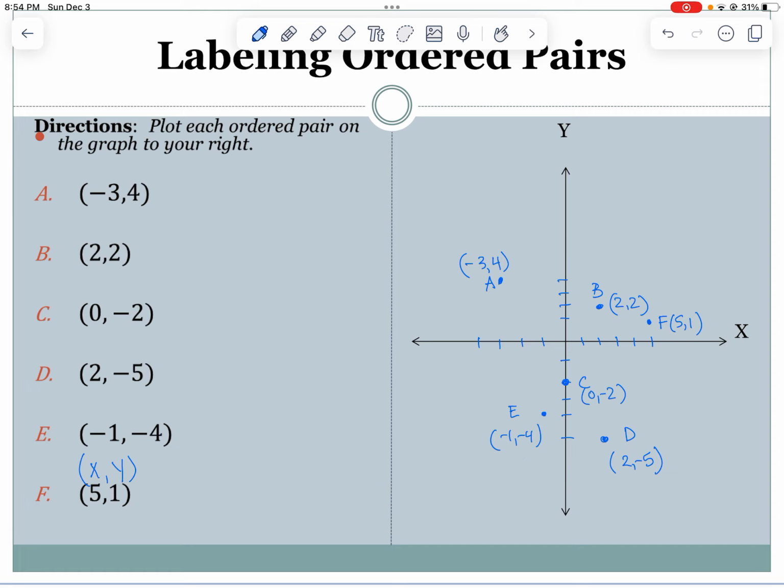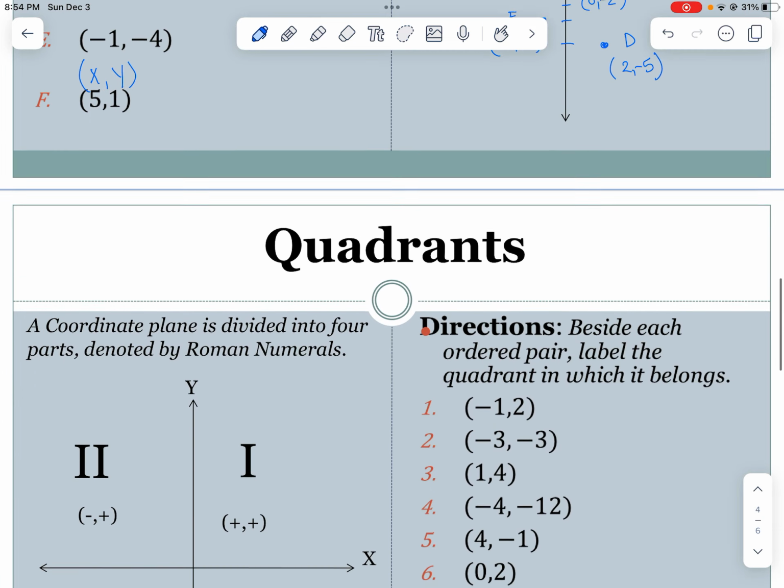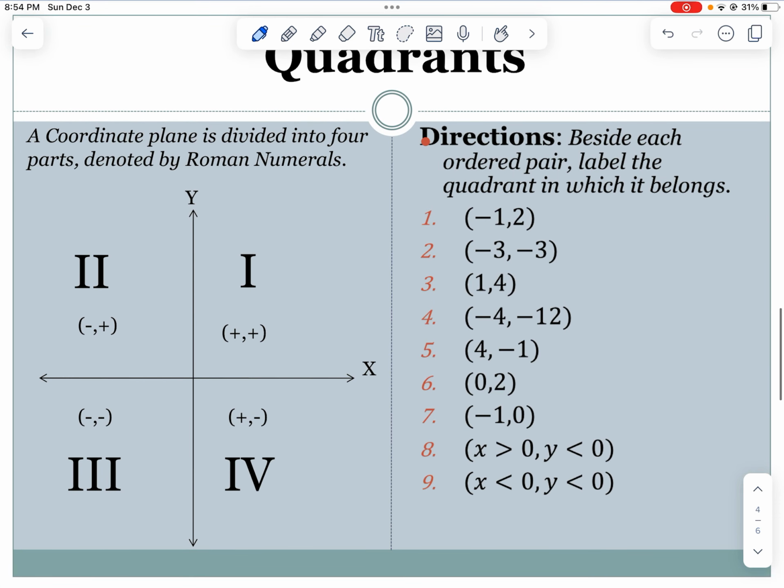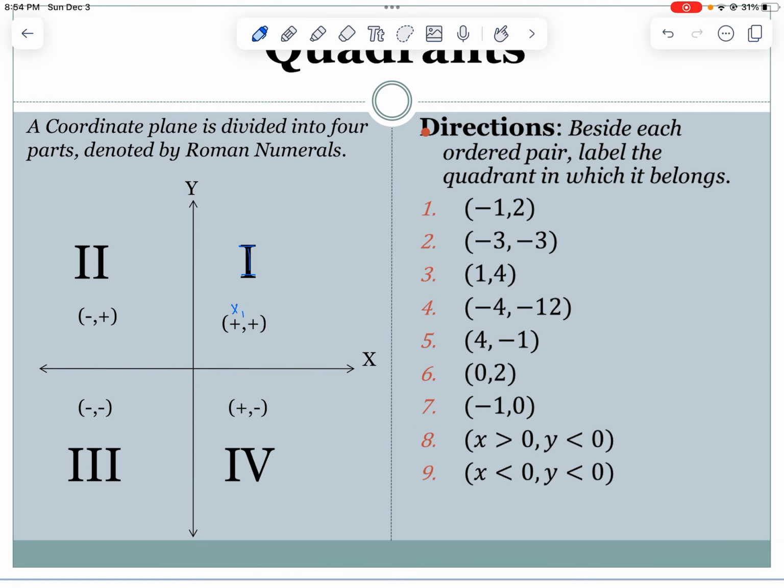Okay, so each quadrant, each of the 4 spaces in this graph, is labeled with a Roman numeral. Quadrant 1 starts here in the upper right. This is where both the x and the y values are positive. I'm going to the right, and I'm going up.